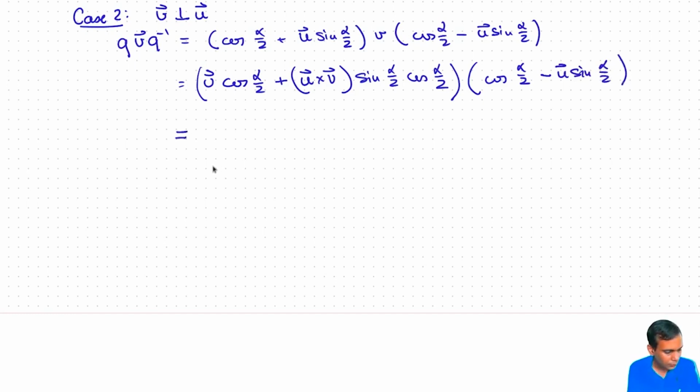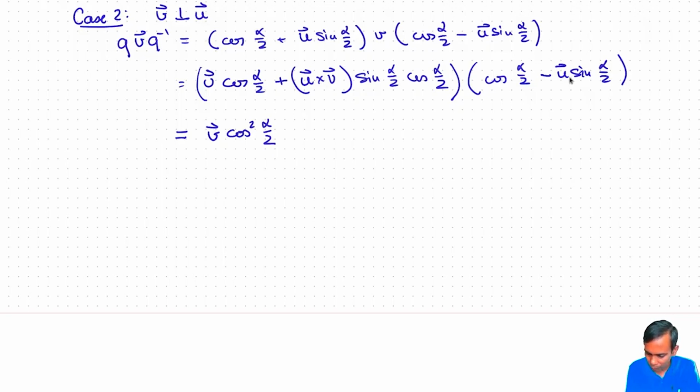But that's equal to, so now we have v cos squared alpha by 2, and then we have v cos alpha by 2 multiplied by u sine alpha by 2.